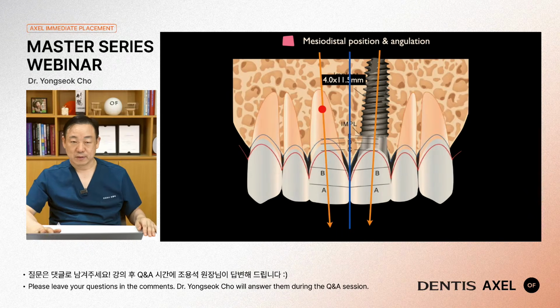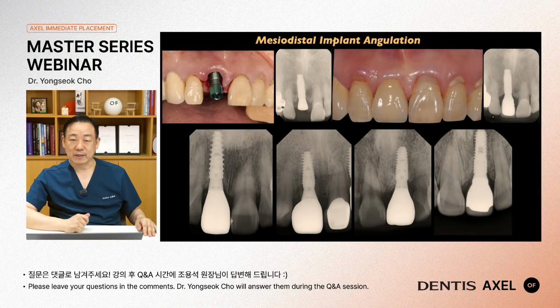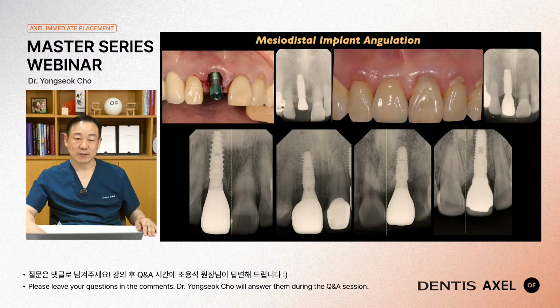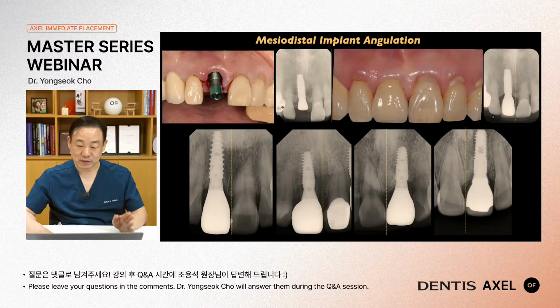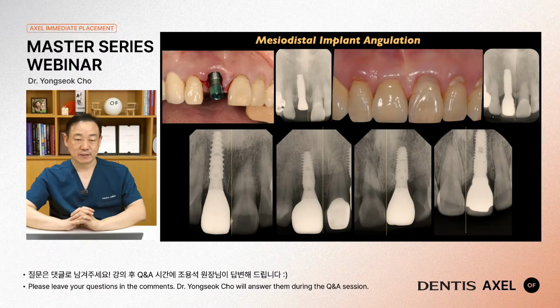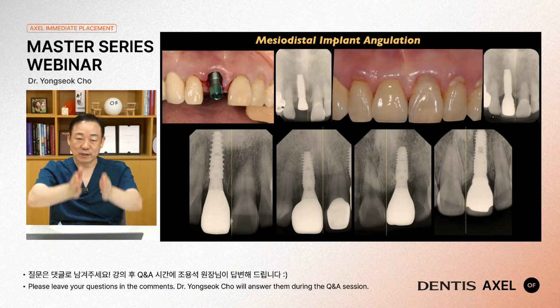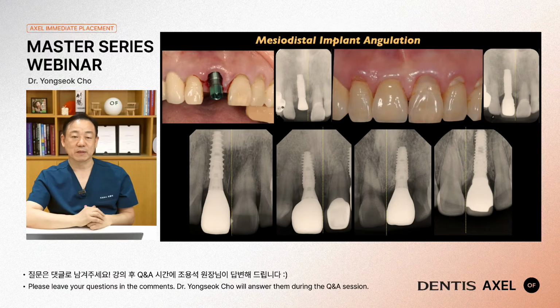Here are my cases. When I place a central incisor implant, the starting point is slightly distal and the tilt slightly medial. This is my usual path control.